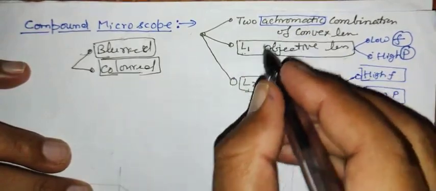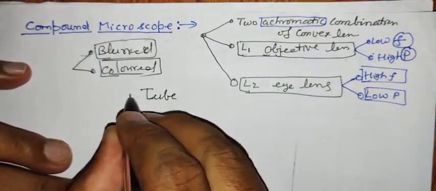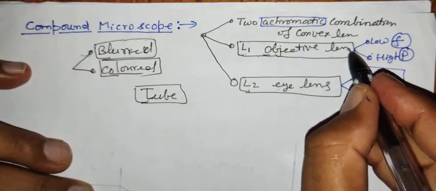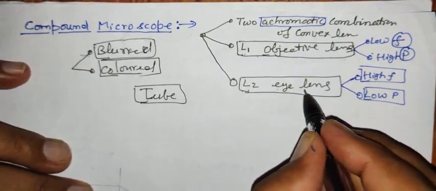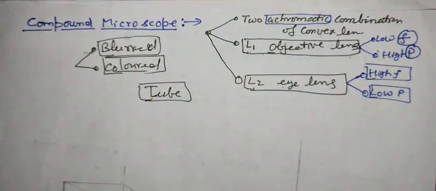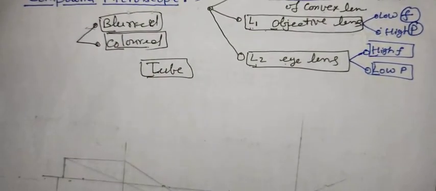Both the lenses lie in a tube. On one side of the tube there is the objective lens, and on the second side there is the eye lens. So let us see first of all the ray diagram for the compound microscope.